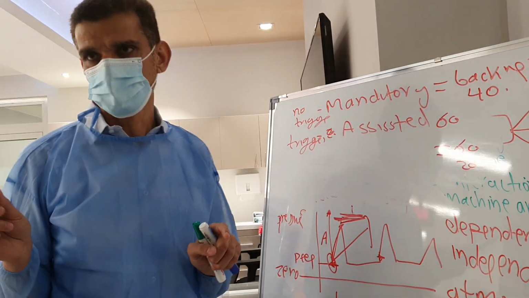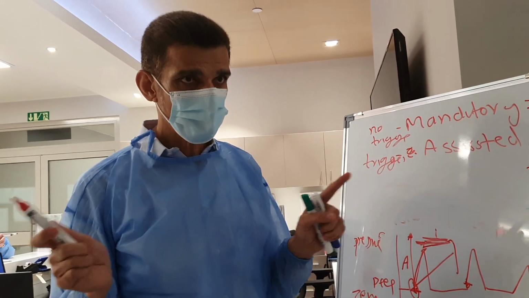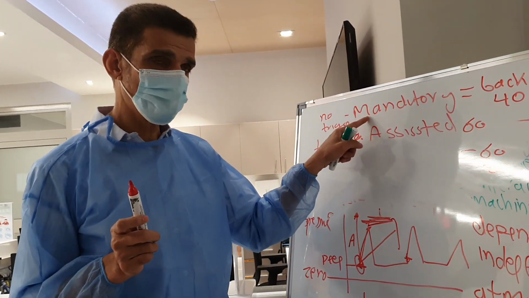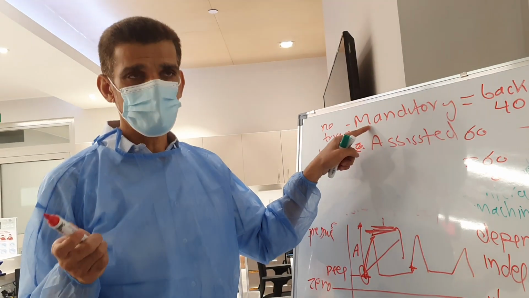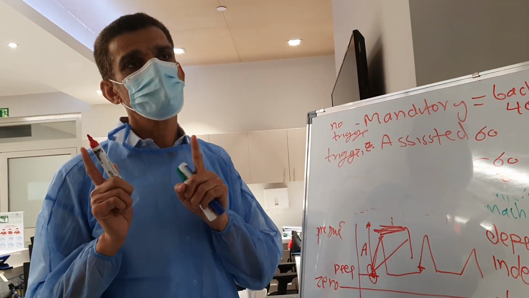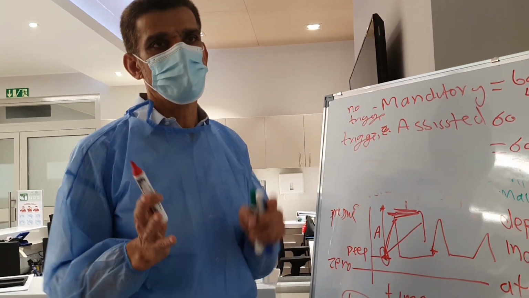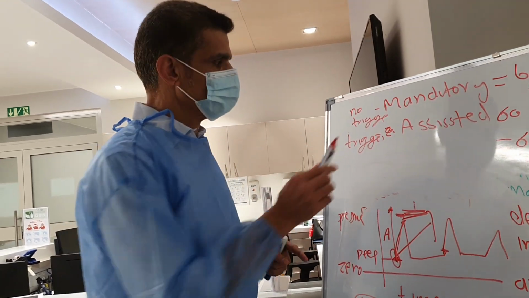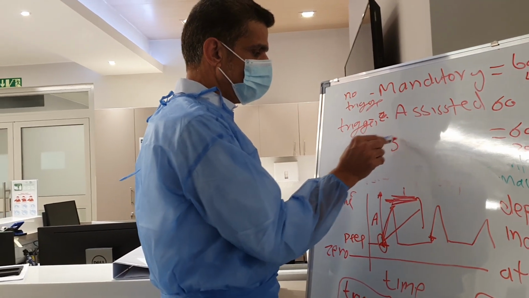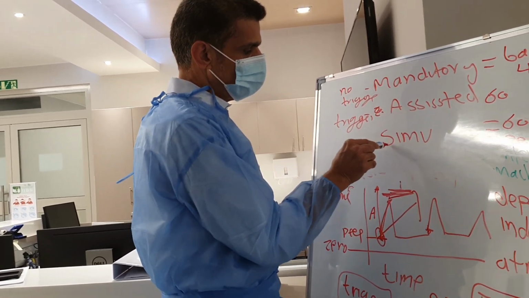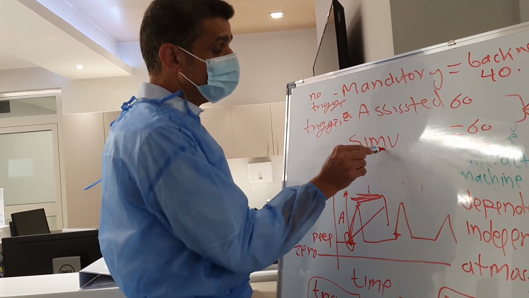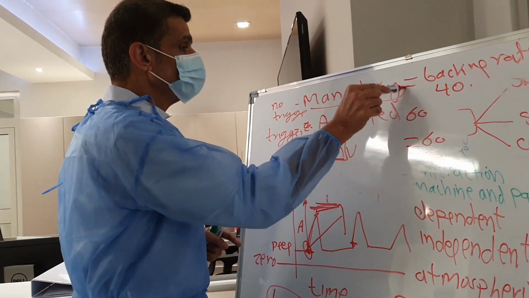S means synchronized. So the mandatory will never be against the patient trying to breathe. Always synchronized, in harmony. Okay? And then we have the SIMV. Synchronized intermittent mandatory ventilation. Only mandatory.